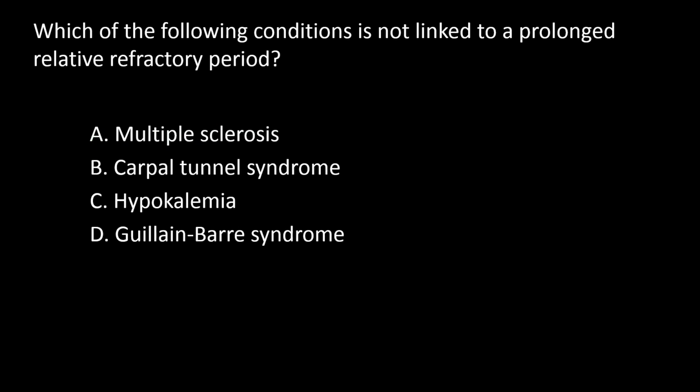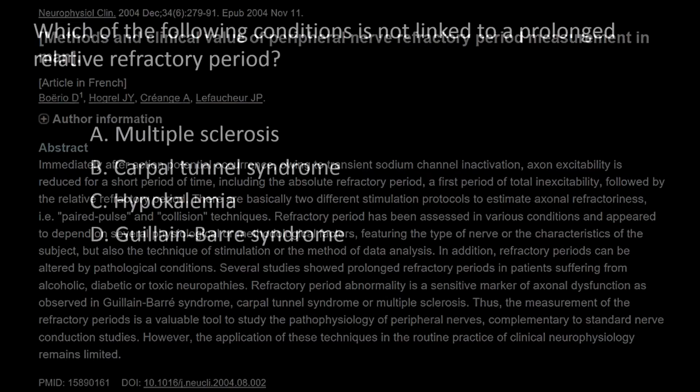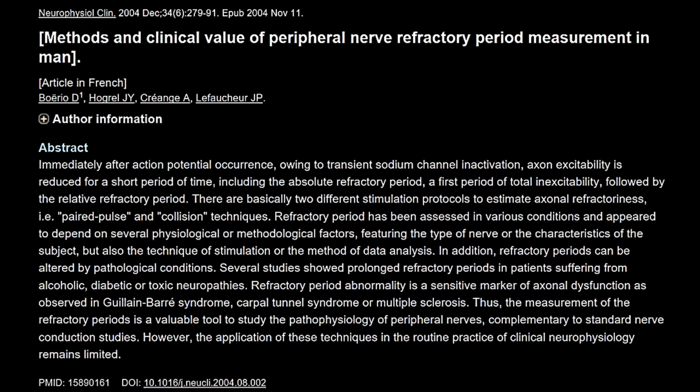Next question. Which of the following conditions is not linked to a prolonged relative refractory period? A. Multiple sclerosis. B. Carpal tunnel syndrome. C. Hypokalemia. D. Guillain-Barré syndrome. This abstract from a paper published in 2004 lists conditions associated with prolonged refractory period.